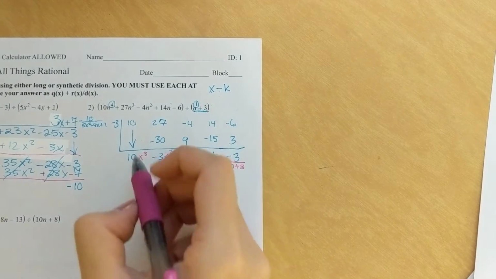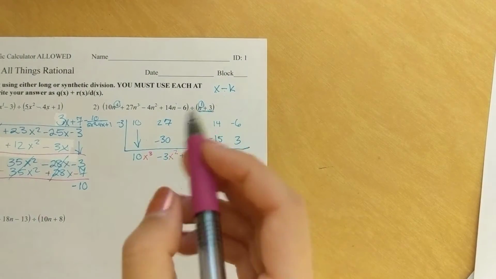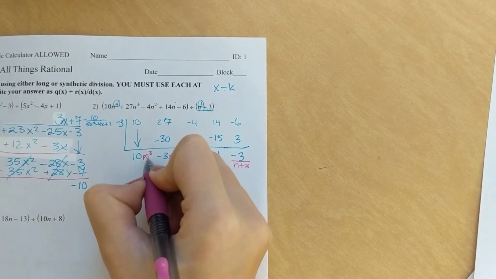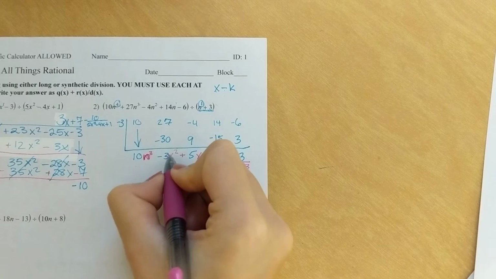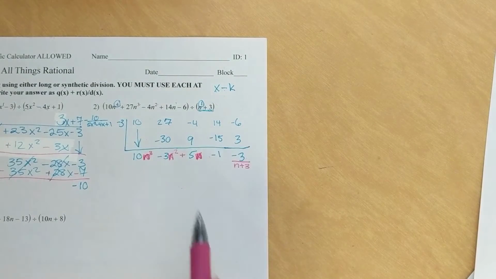Oh my goodness, I used x instead of n. I'm so used to using x because I prefer it. So the variable for this one is n, my bad. All right, here we go. That is our answer.